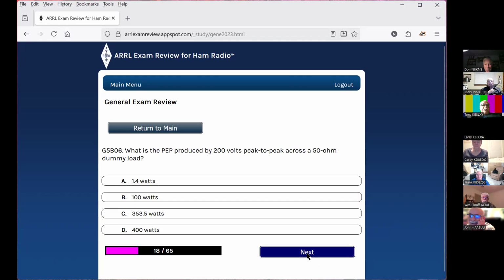What is the PEP produced by 200 volts peak to peak across a 50 ohm dummy load? 1.4 watts, 100 watts, 353.5 watts, or 400 watts?